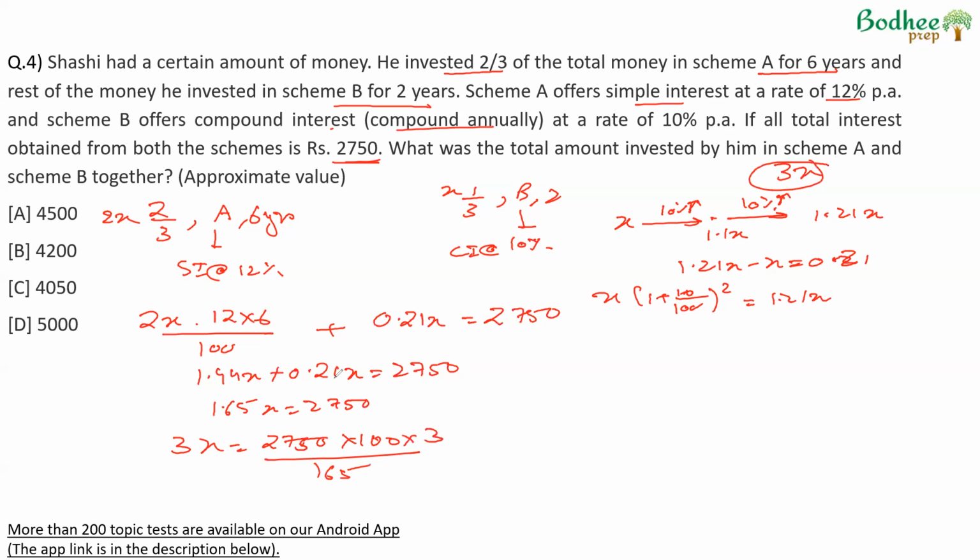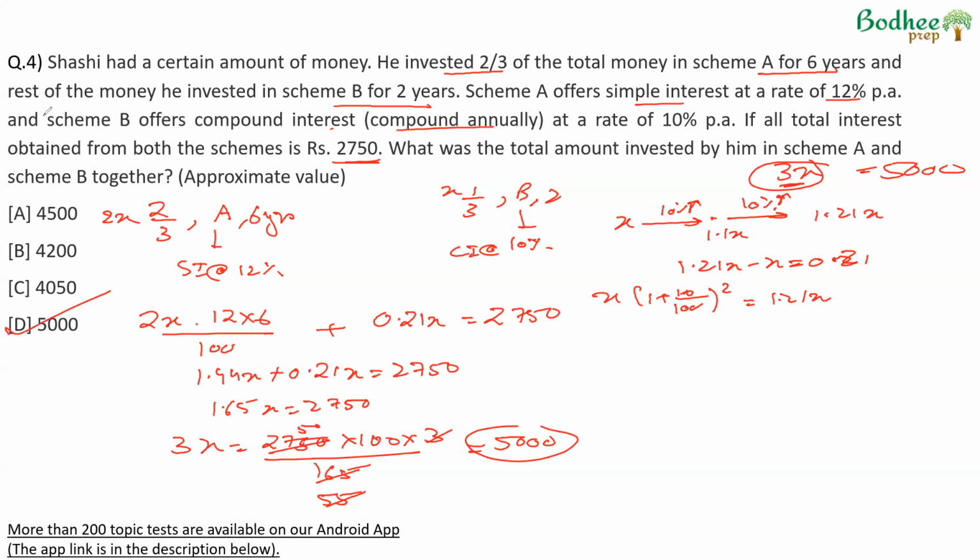So this is what we have to solve for, dividing by 3, 6, 11, 12. This becomes 55. 55 5s are 275. So 50 into 100. So 3x becomes 5,000. So what is the total amount? Total amount is 3x, which comes out to 5,000.